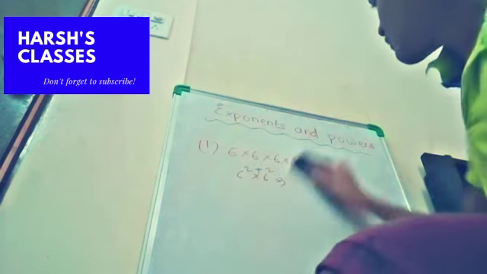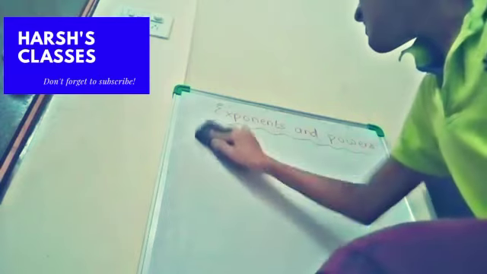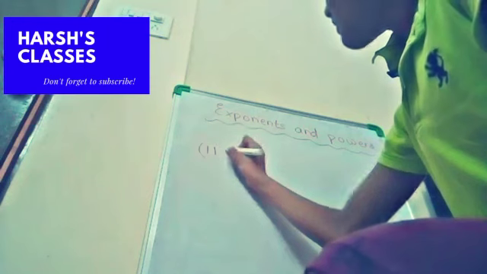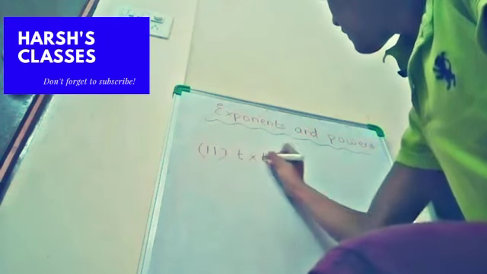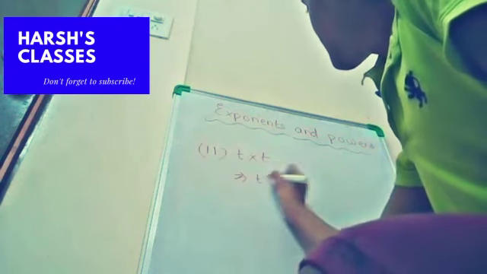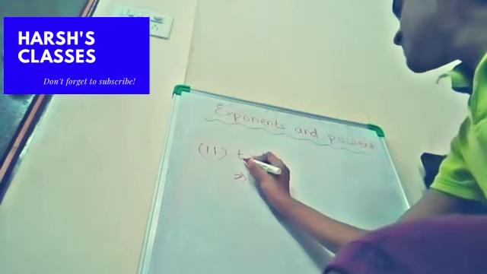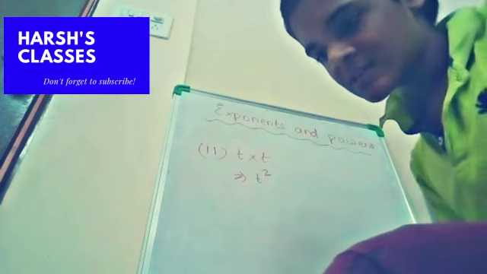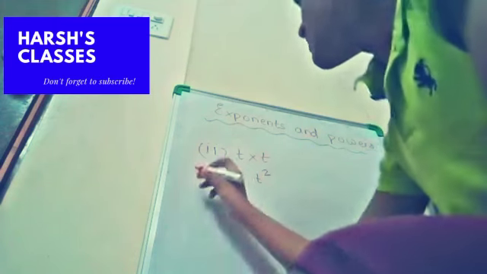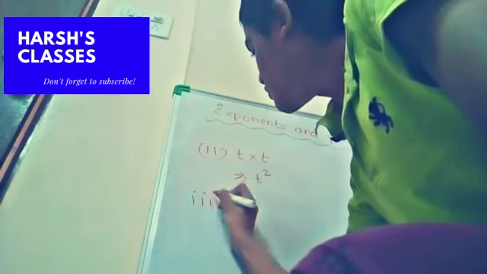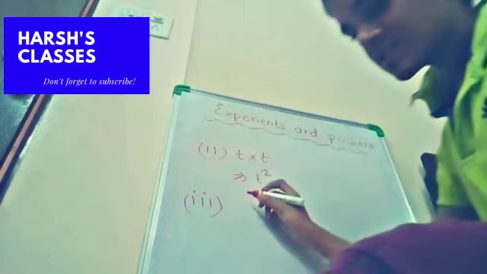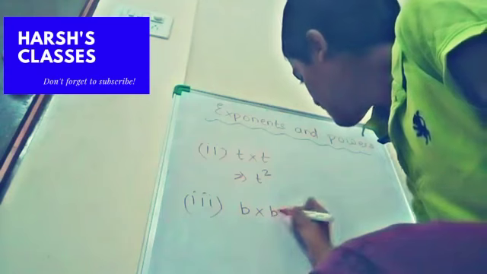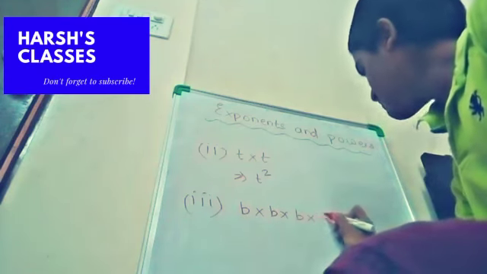Okay guys, now we will go for the second question. T into t is equal to t to the power 2, because t is multiplied by itself 2 times. So t to the power 2. Now we will go for the third question: b into b into b into b.